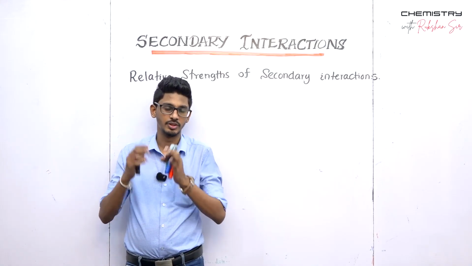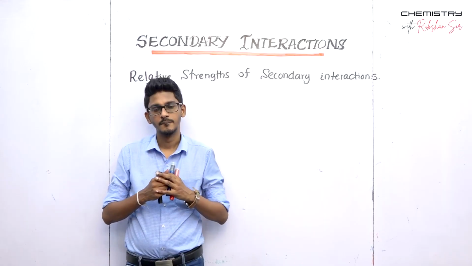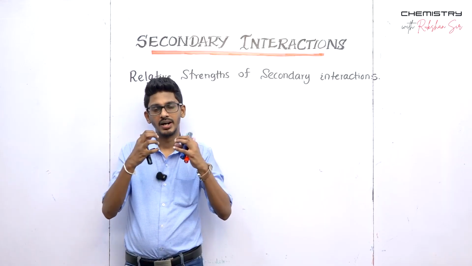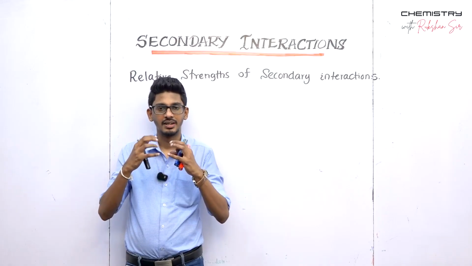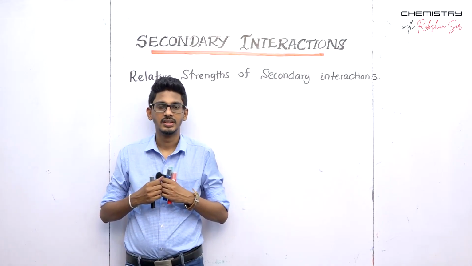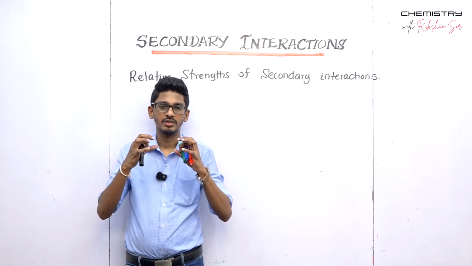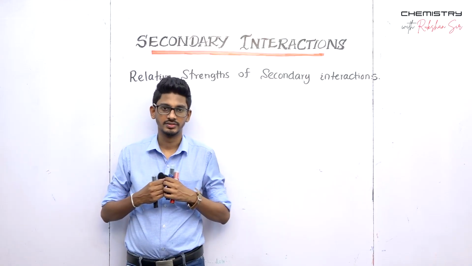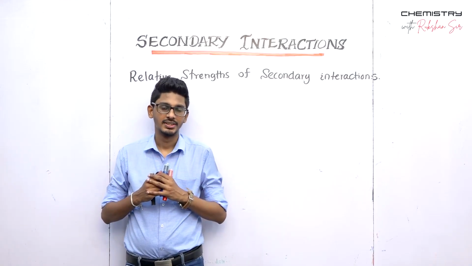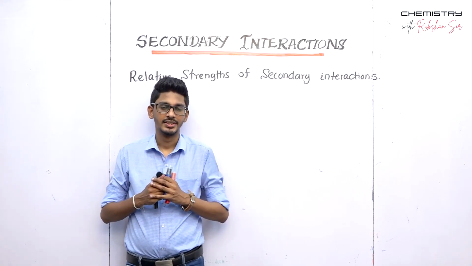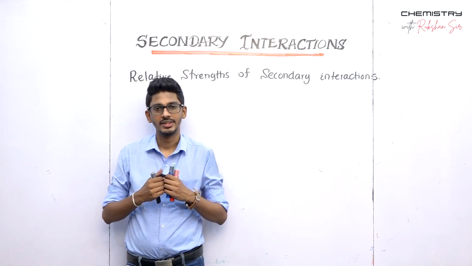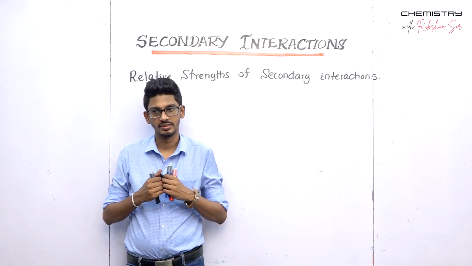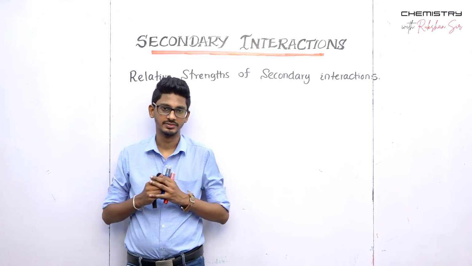That means if the positive charge and the negative charge between the particles which interact are of greater magnitude, then those particles will be attracted heavily to each other, so that the strength of the secondary interaction will be high when the positive and negative charges are heavy. That is the simple idea here.